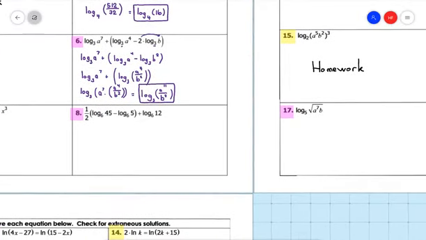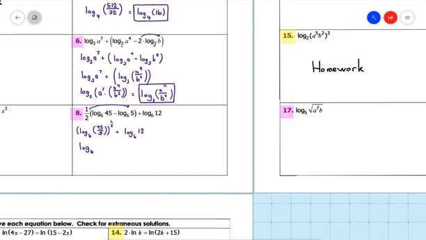Now on this next one, we need to condense it down to one log. We have a fraction in the front, and then we've got a log in the end there as well. So we're going to take this 1/2 and make it a power. And we've got subtraction, so 45 over 5, and then the power of 1/2, plus log base 6 of 12. So 45 over 5 is 9.